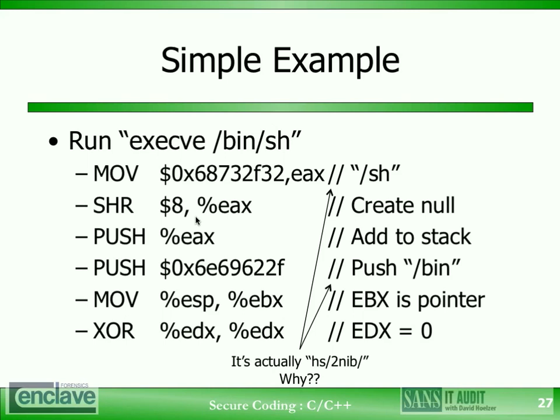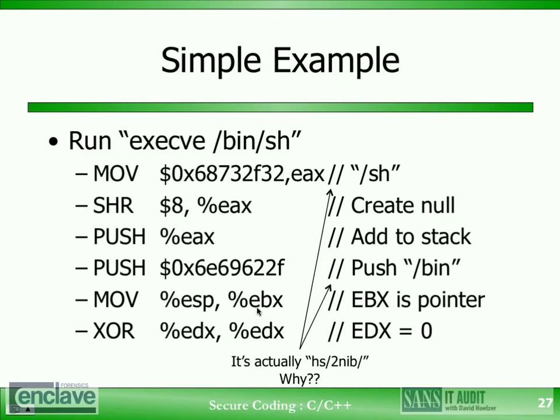It's shifted off of the right-hand side of the register. So while I can't put a null directly in my code, that's a very easy way to cheat and simply shift one on. After we've got that value, we push it onto the stack, and then we push the rest of it. So we now have slash bin slash sh with a null sitting on the stack.